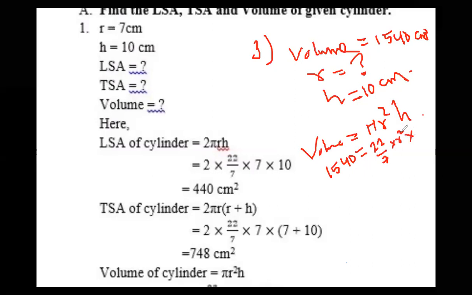R square into 10 centimeter. So you must be so fast. The writing must be at the speed of light.